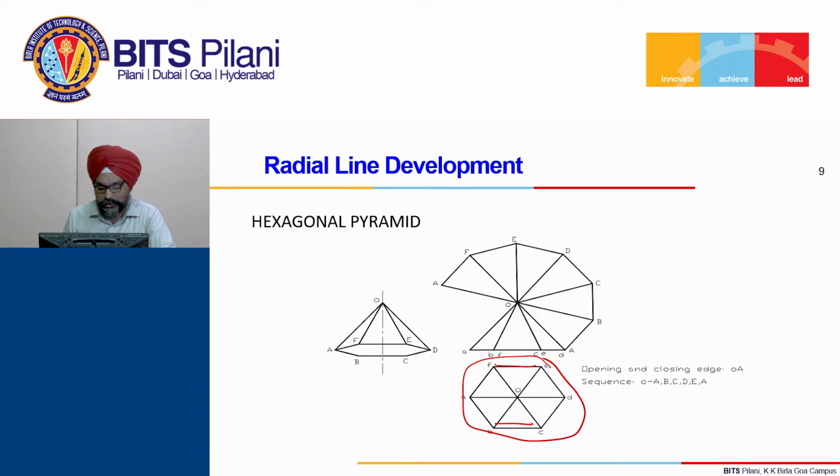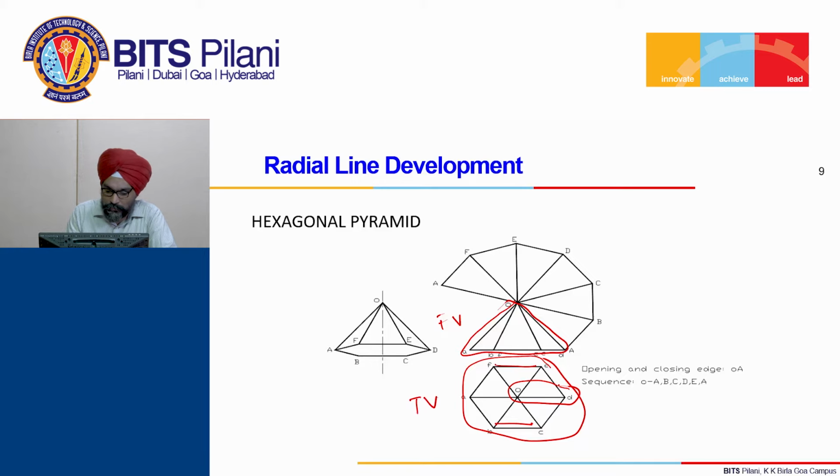So, this is a situation when two opposite base edges are parallel to VP. Let us say this is the top view and that is the front view, and we are having the first angle projection. In that case you note that the solid finishes up here itself, and here you note that OD is parallel to the xy line in the top view.